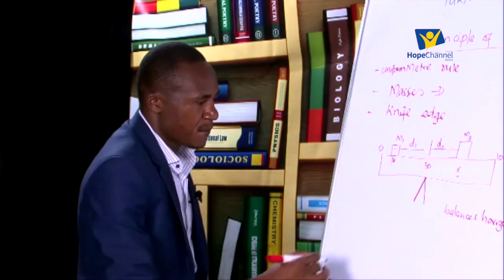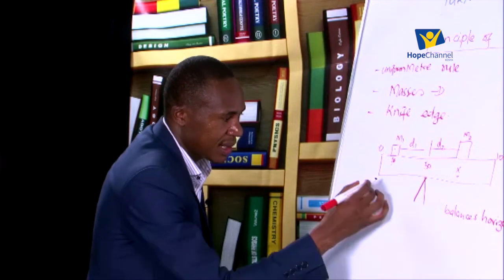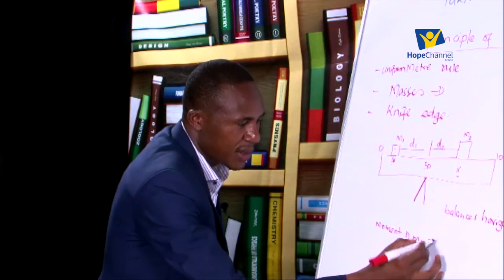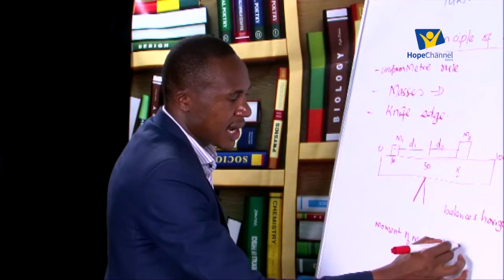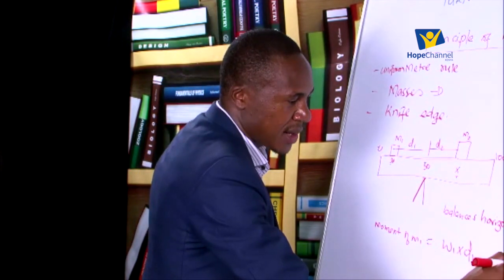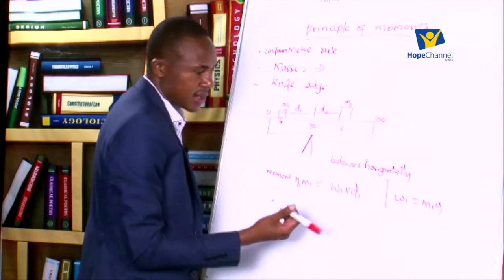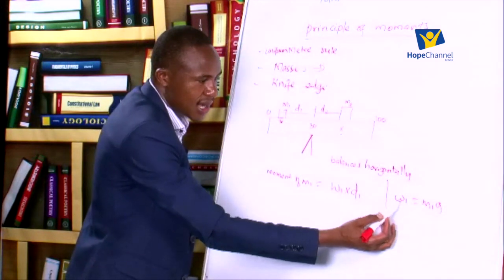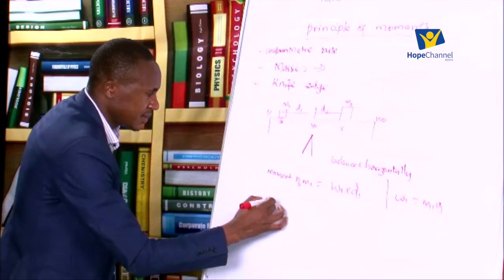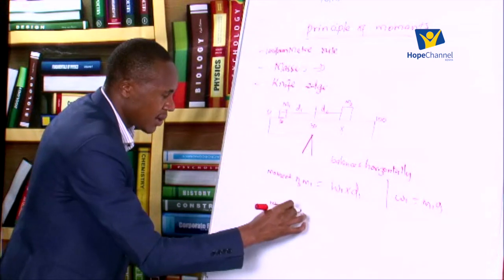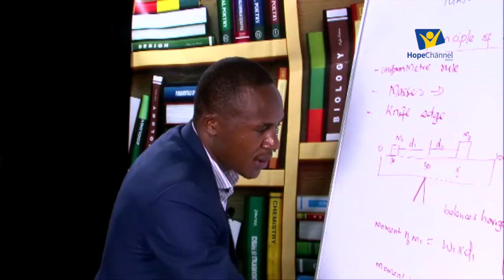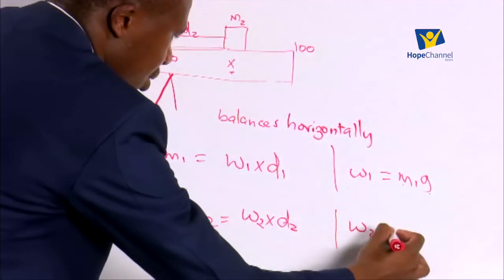Now what we do, we take the moment of M1, which will be equal to weight 1 times D1, whereby weight 1 is equal to mass 1 times the gravitational force, because mass can be converted into weight by taking the mass times the gravitational force. And the moment of M2 will be equal to weight 2 times D2, where again weight 2 will be equal to mass 2 times the gravitational force.